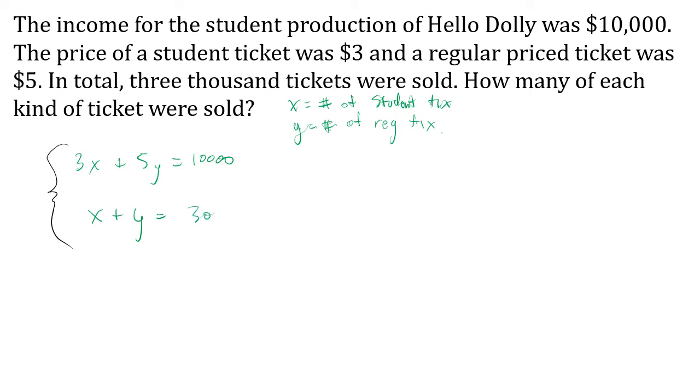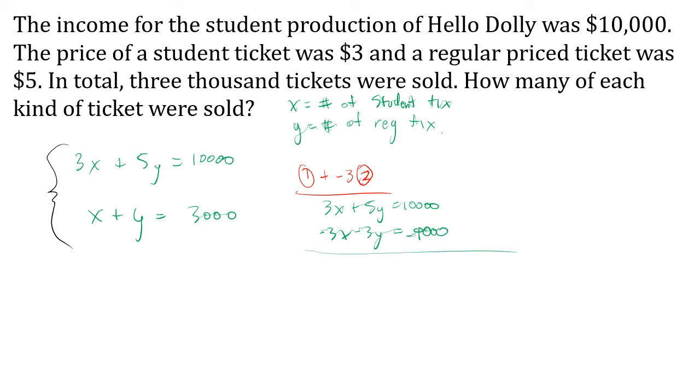All I'd have to do here is add equation 1 to negative 3 times equation 2. So that means it's 3x plus 5y equals 10,000, and then negative 3 times equation 2 would be negative 3x minus 3y equals negative 9,000.